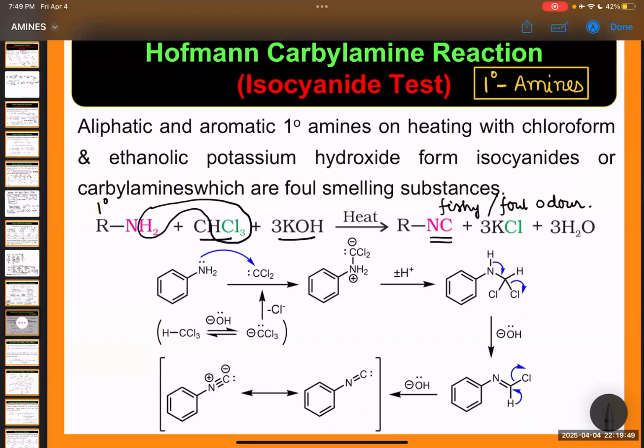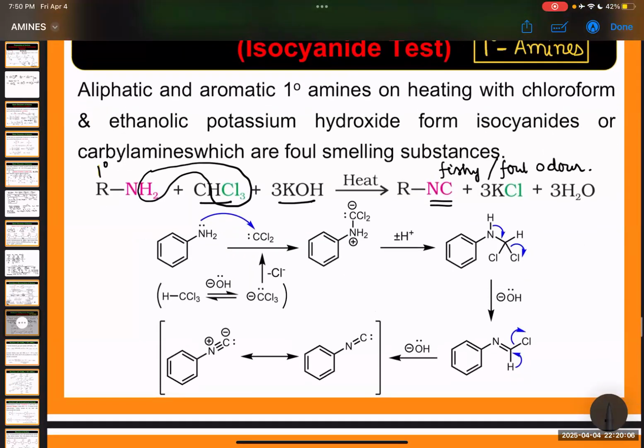Both aliphatic and aromatic amines can give this reaction. Aniline also can, because it is a primary amine. You need to have NH2 group. If you have NH2 group, a reaction can happen. Got it? So aniline also can give this reaction. As you can see, the aniline has NH2 group.